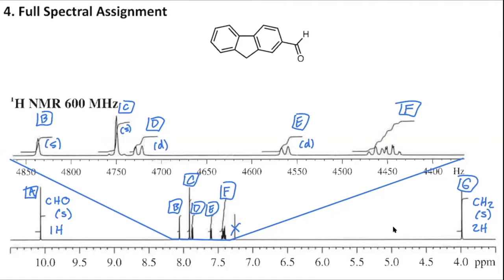But since we don't, we'll just call this M, for multiplet. There are multiple different kinds of peak splittings going on, and it's a little hard to tell what's what. To me, it looks like maybe these are two triplets that are smashed together, and then they might have some fine splitting happening as well. But again, we're not going to ask you to get too specific with that.